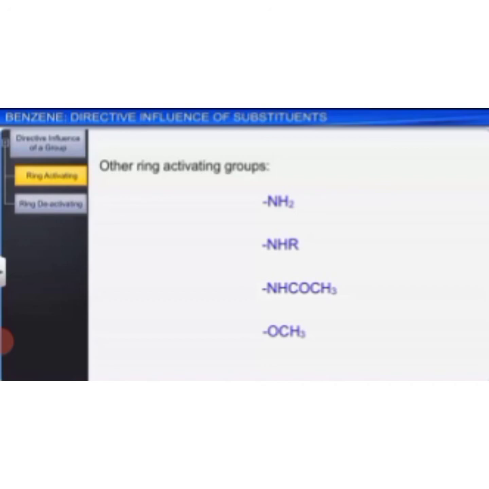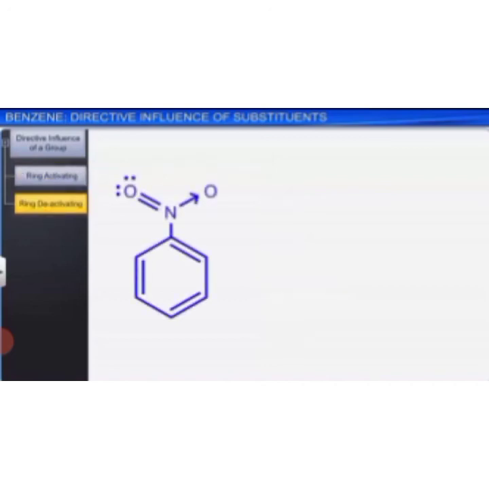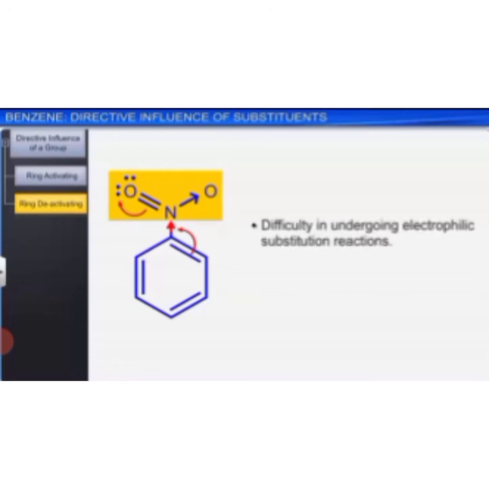On the other hand, the nitro group in nitrobenzene, due to the minus resonance effect, withdraws the electrons towards itself. Thus, the electron density in the ring decreases. Due to the minus resonance effect of nitro group, it becomes difficult for the ring to undergo further electrophilic substitution reactions.